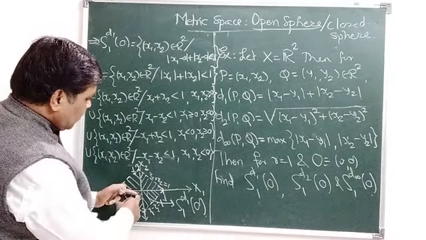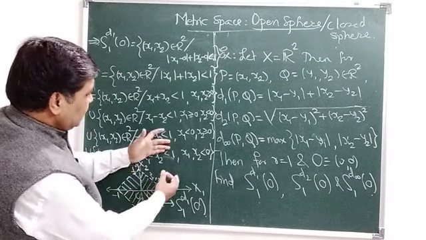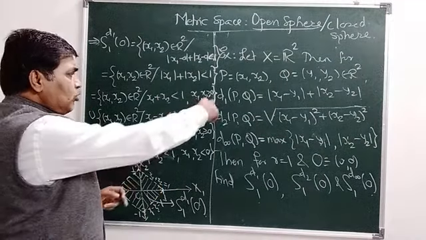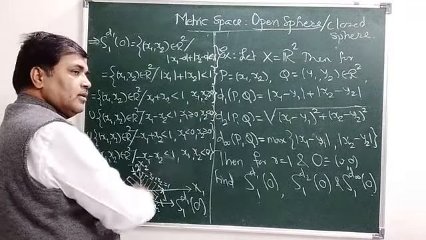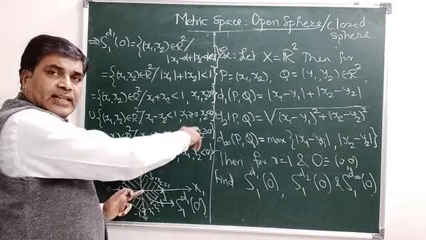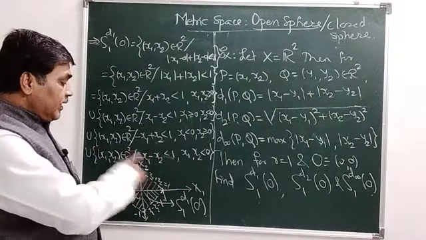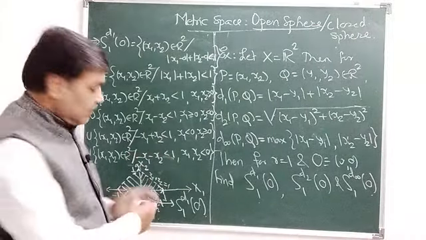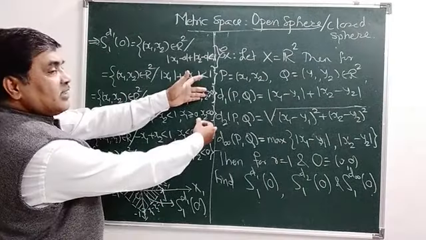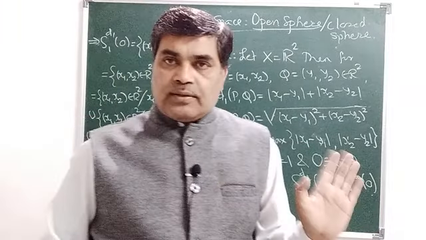If I take the center to be, say, (1, 1), then this region just gets shifted so that its center becomes (1, 1) here. If I take AB somewhere here, I will just shift the center of the original x1, x2 plane to that AB, and without rotating the axes, this unit sphere gets replaced here, and I will get the open sphere about AB with radius 1.